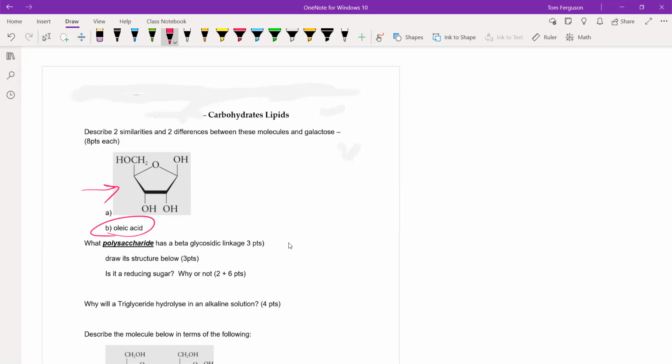Okay, so galactose, let's do galactose really fast here. And let's do beta galactose since this is beta ribose.